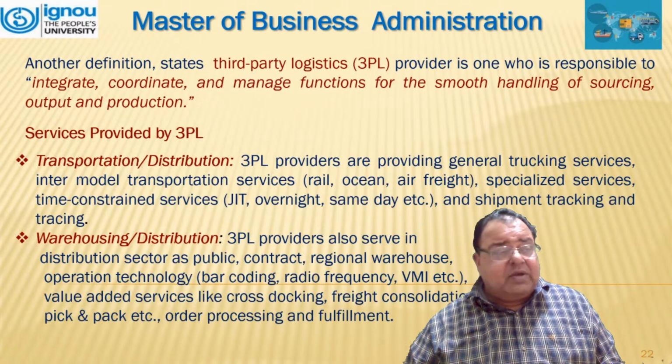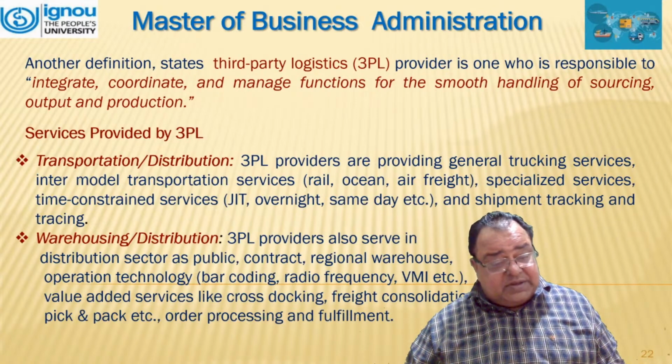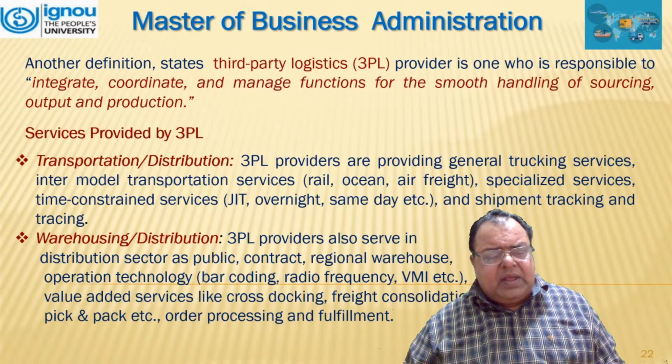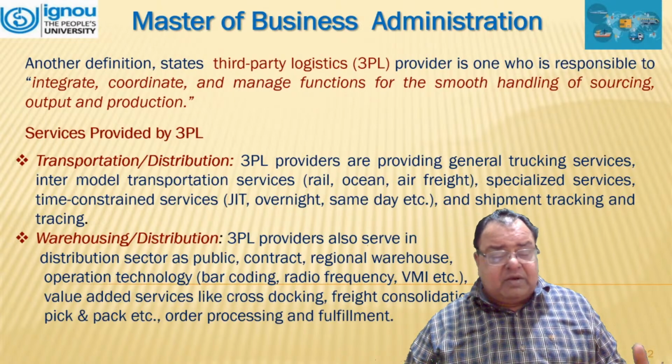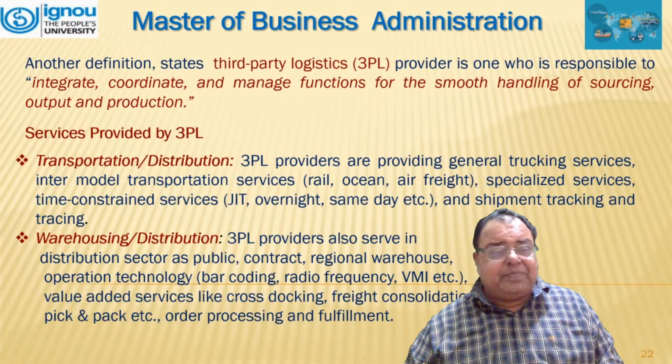Secondly, it is warehousing or distribution. 3PL providers also serve in the distribution sector as public, contract, region-wise, operation technology. They use barcoding, radio frequency, VMI, etc. Value-added services like cross-docking, freight consolidation, pick and pack, etc., and order processing and fulfillment.